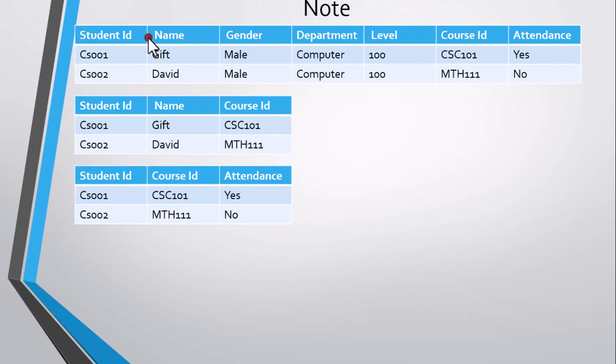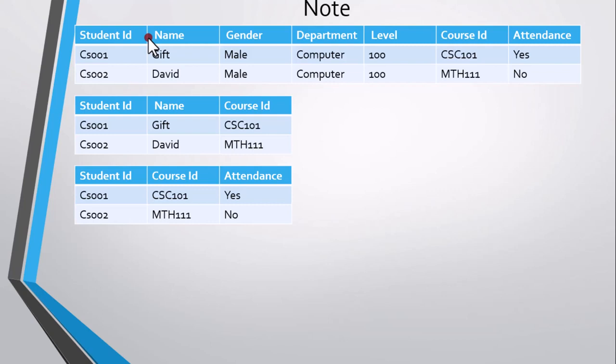Student CSC 001, who takes the course with a course ID of CSC 101, has an attendance of yes, but student CSC 002 with a course ID of 111 has an attendance of no, that is, not present.